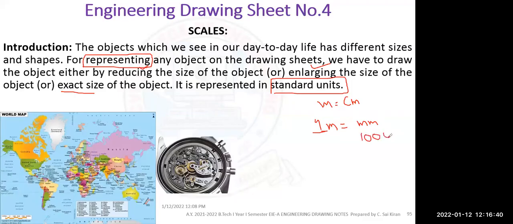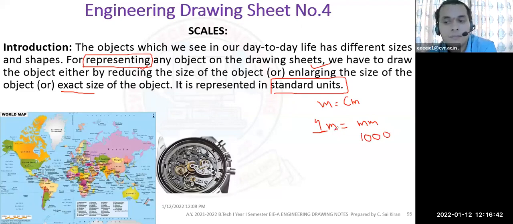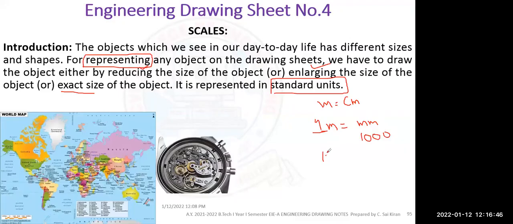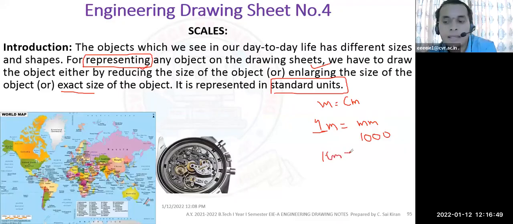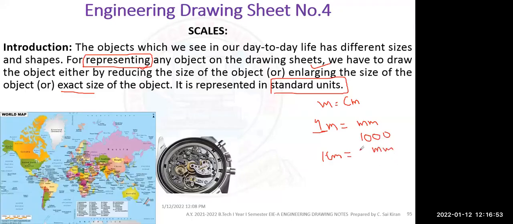Is it correct? 1 meter equals 1000 mm. And 1 centimeter equals how many mm? 10 mm.